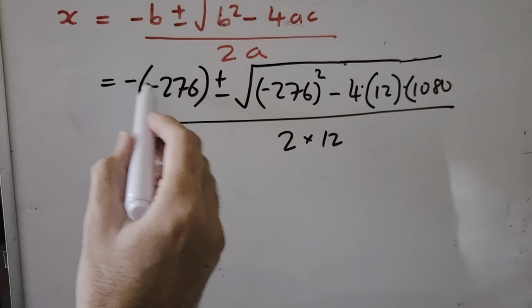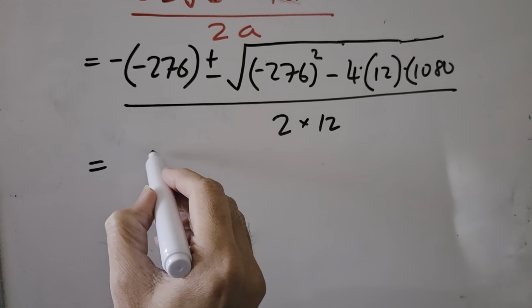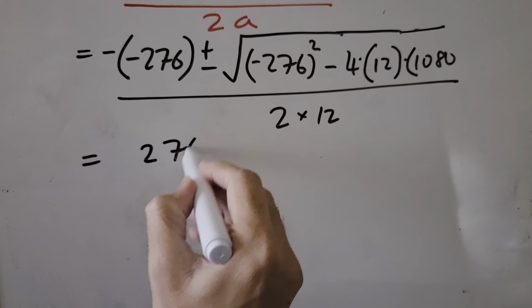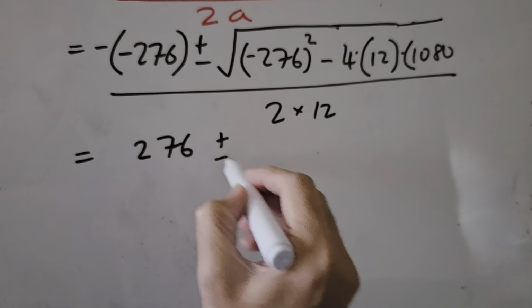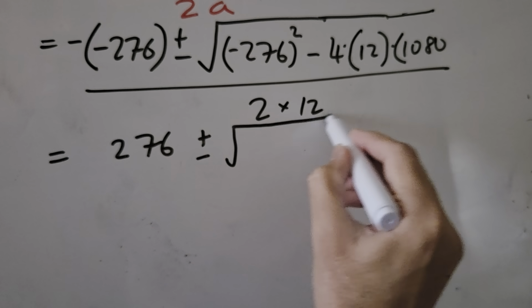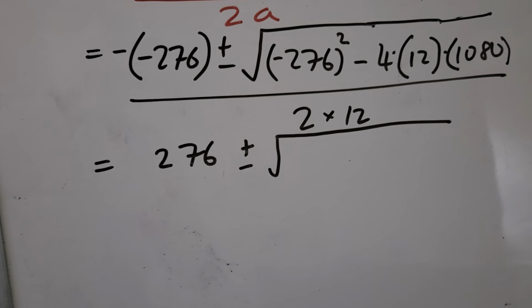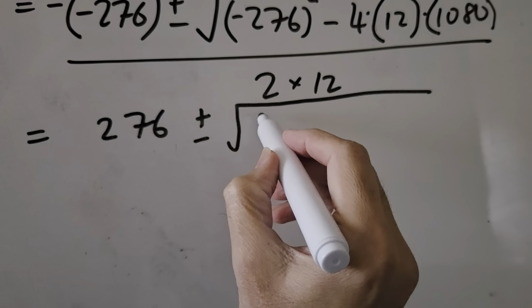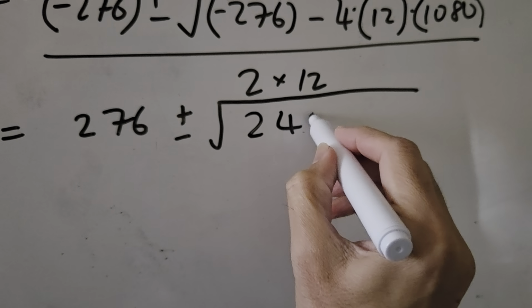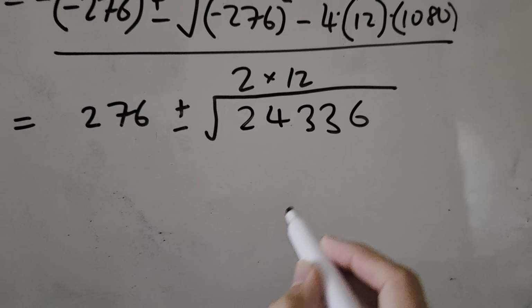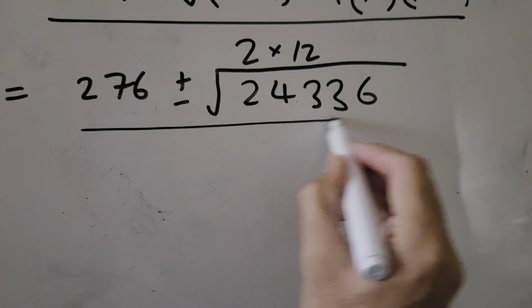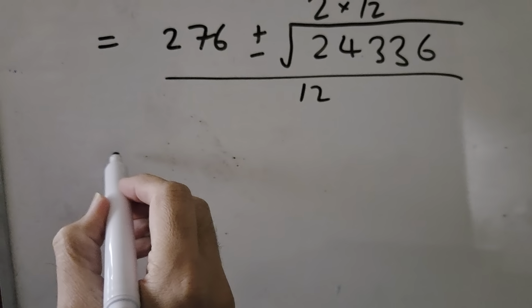Now over here, minus and negative: a minus and a negative becomes positive, so that becomes 276 plus and minus square root of... Simplify that using the calculator. What do we get? Inside the square root we get 24,336, the whole thing divided by 12.